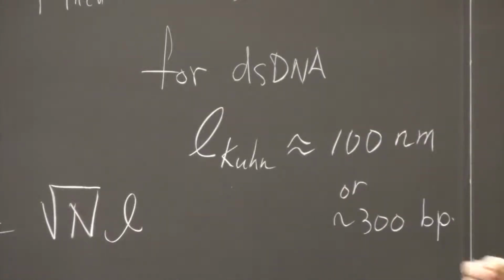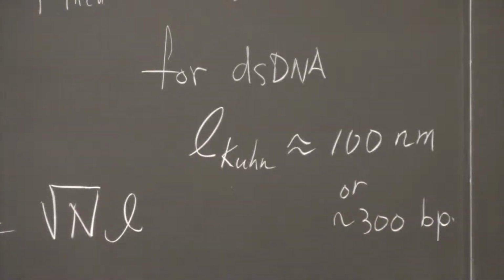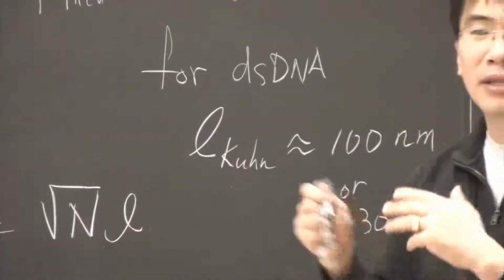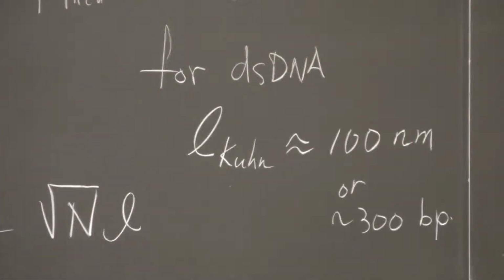So this is highly unrealistic. You cannot imagine that DNA is an inflexible straight rod up to 300 base pairs, and suddenly the next segment is entirely free to rotate around the first segment. That's unrealistic, but some of the data can be described pretty well with this model if you use that number as a parameter.